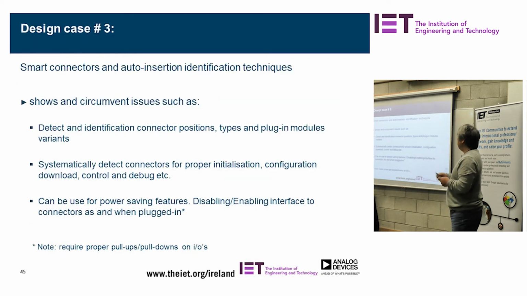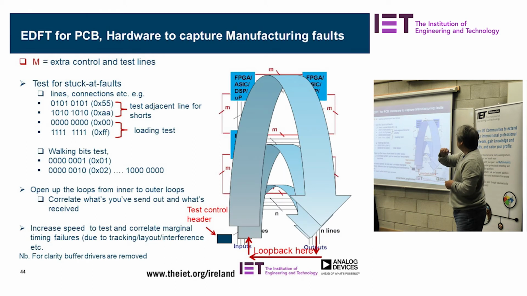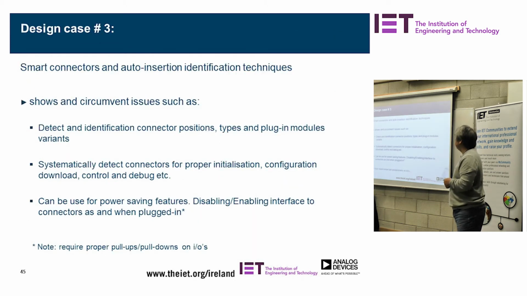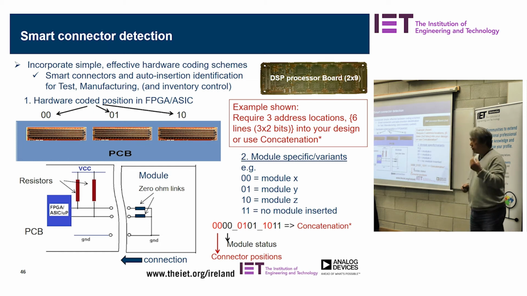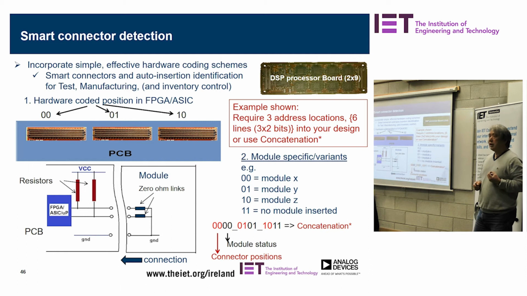Okay, let's look at test case 3. Here's another one called the smart connection test. Why we need it and what's good about it. If you have a number of connectors, the thing you want is to detect what's plugged in, and whether it needs to be configured or needs power.